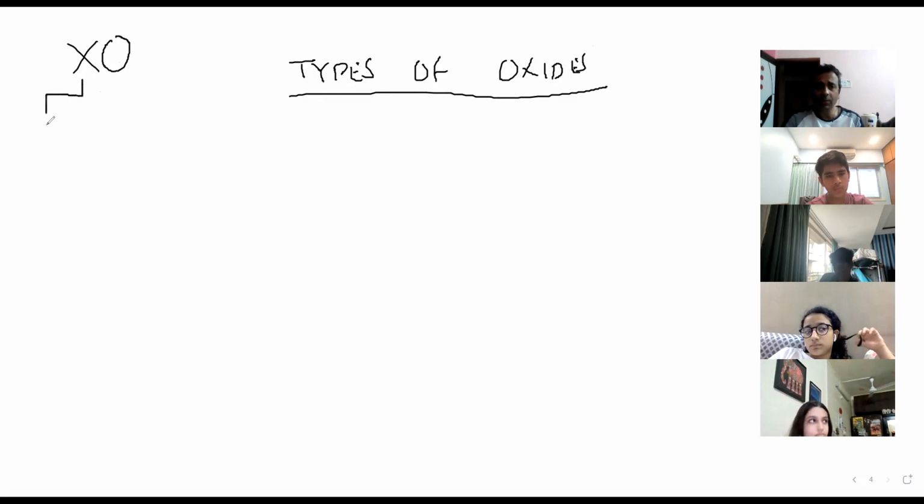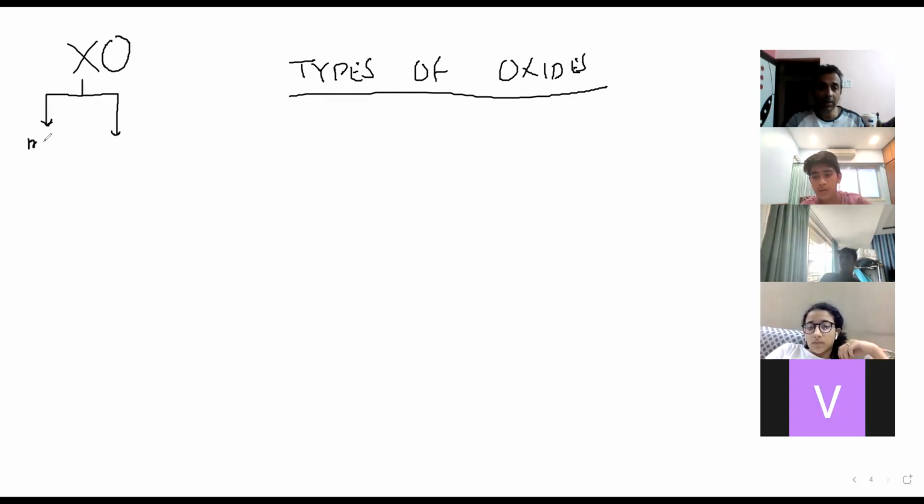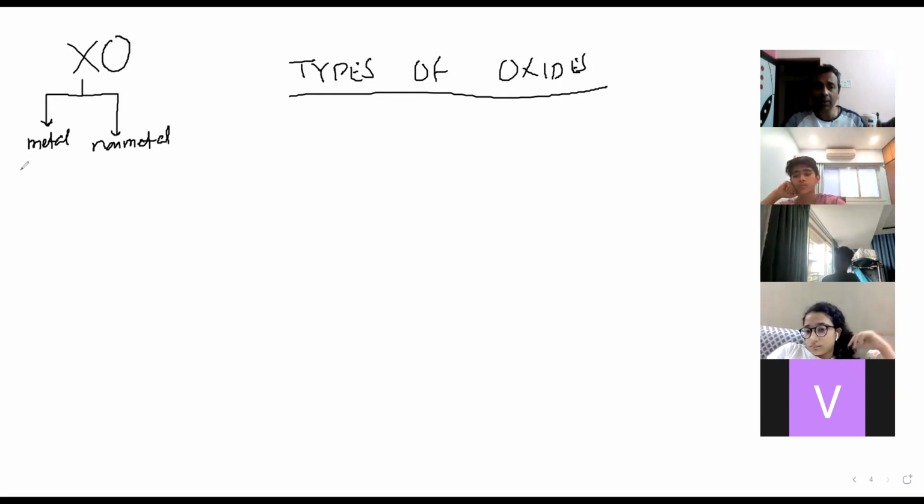How are the elements classified? Metal and non-metal. So X can be a metal, X can be a non-metal, which means X oxide can be a metal oxide or a non-metal oxide.